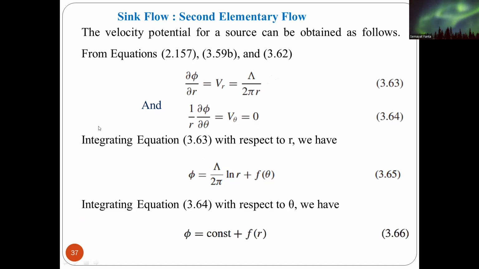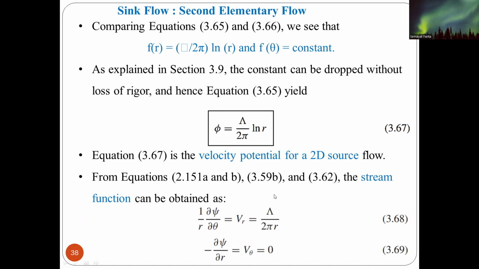Integrating the first, we get phi equal to the source strength divided by 2 pi, ln of r plus f of theta. Integrating with respect to theta, we get phi equal to a constant plus f of r.